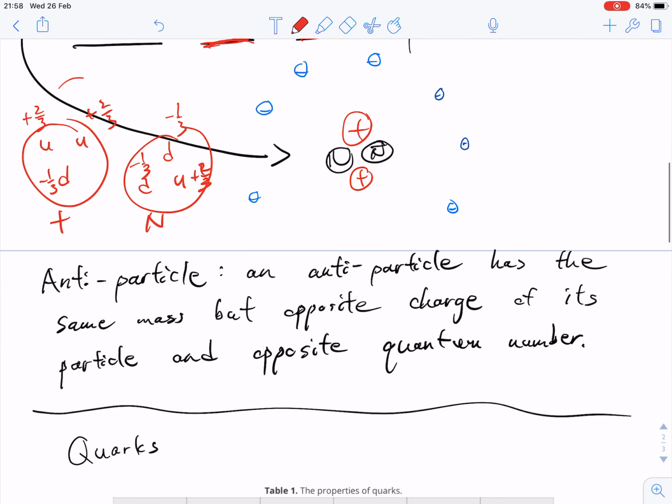Lastly, the antiparticle. All particles have an antiparticle, and an antiparticle has the same mass. This includes the proton, which has an antiproton, and the neutron, which also has an anti-neutron.